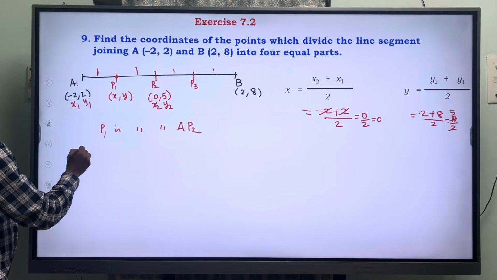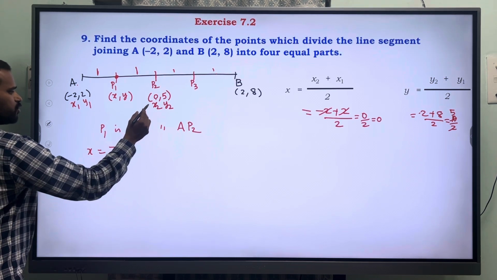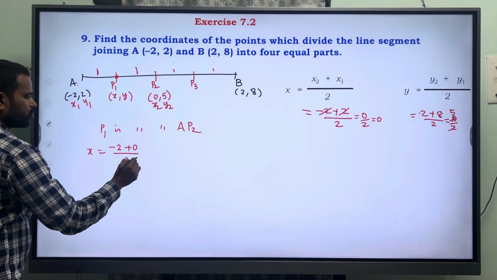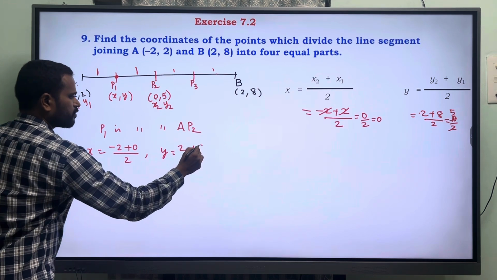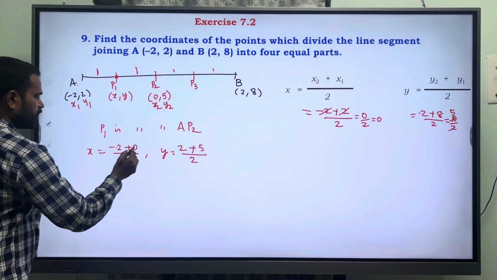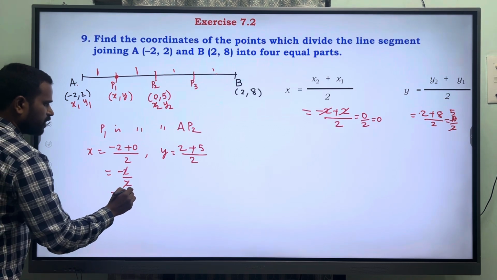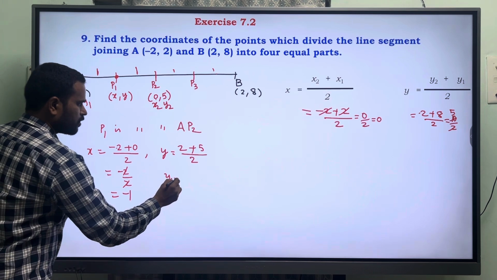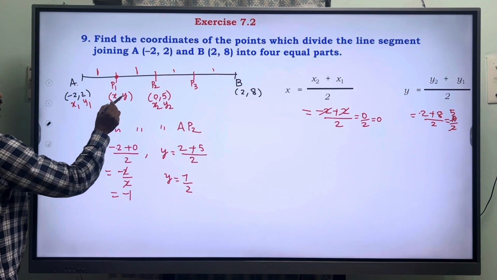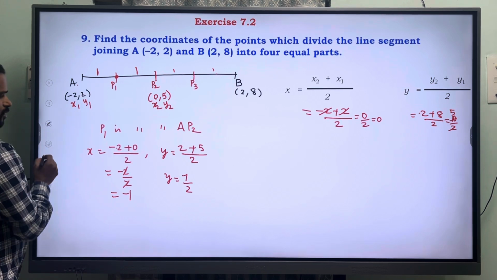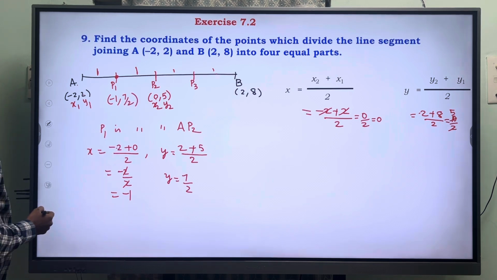If I take this, so x is equals to x1 how much? Minus 2, x2 is plus 0 by 2, y is how much? 2 plus y2 is 5 by 2, minus 2 by 2, how much? Minus 1, and this is how much? 7 by 2. Understand? So the coordinates of this point is how much? Minus 1 comma 7 by 2.